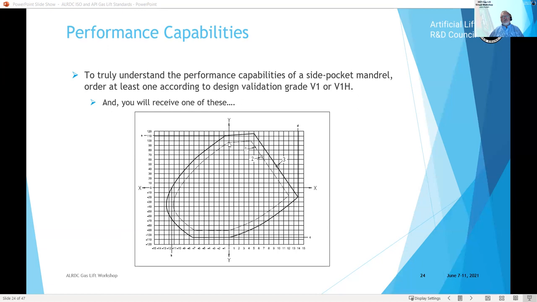With this operating envelope, you can determine what the mandrel's capabilities are under different loading conditions: burst, collapse, and tensile compression. When you do your analysis of your tubing and your components, you can use the stresses developed in the tubing program and compare them to this performance capability chart and determine if the mandrel is going to satisfy your requirements.